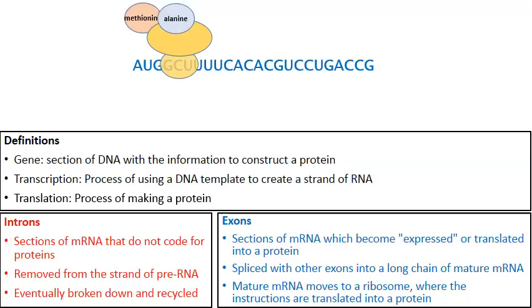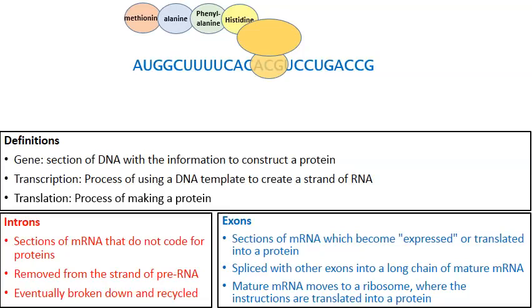GCU is the codon for the delivery of alanine. The ribosome moves down to the next codon. UUU is the codon for the delivery of phenylalanine. And one by one, the ribosome reads codons, and transfer RNA delivers amino acids. Well, now we get to this codon UGA, and that's a stop codon, and that stops this process of translation.